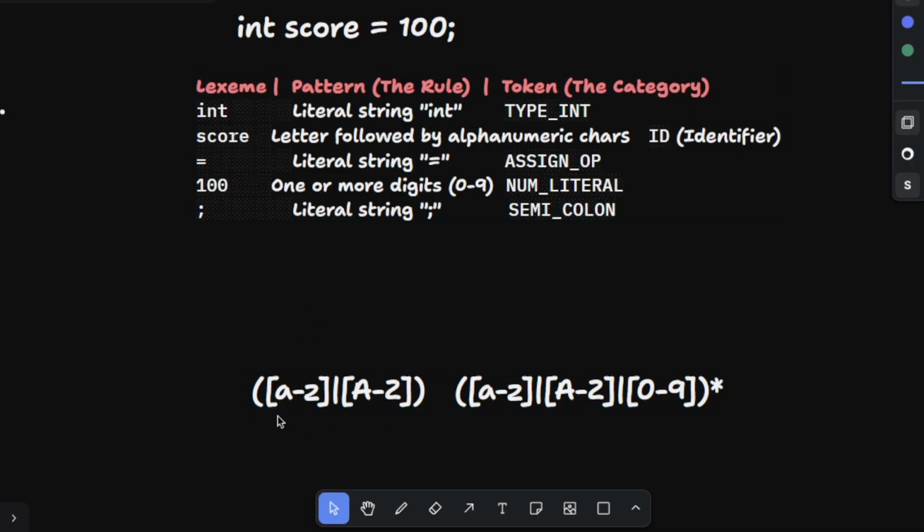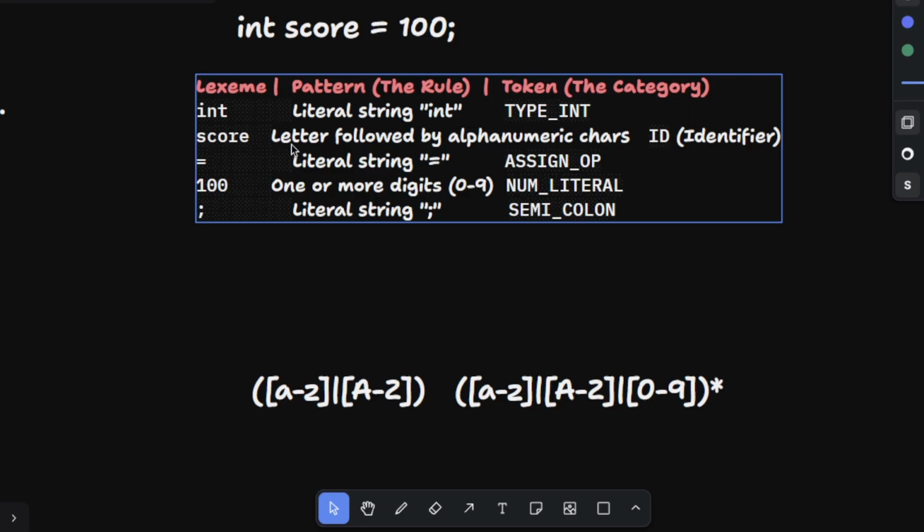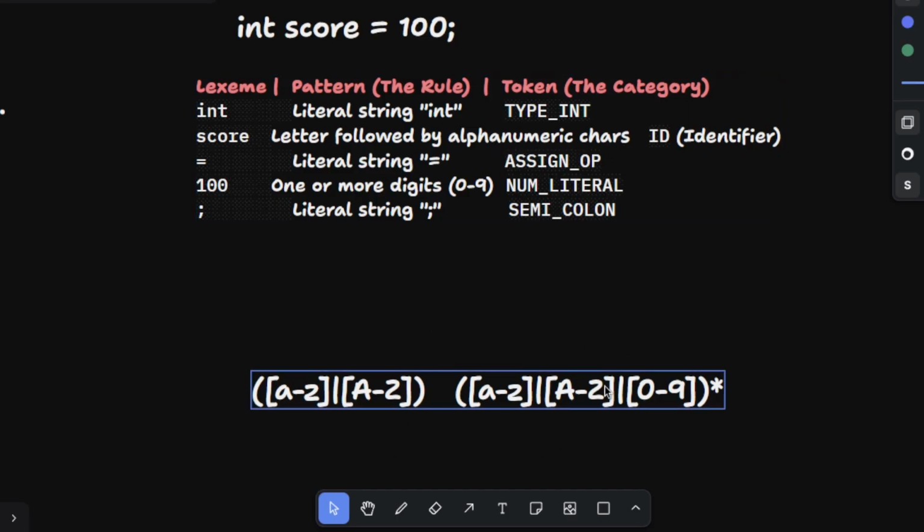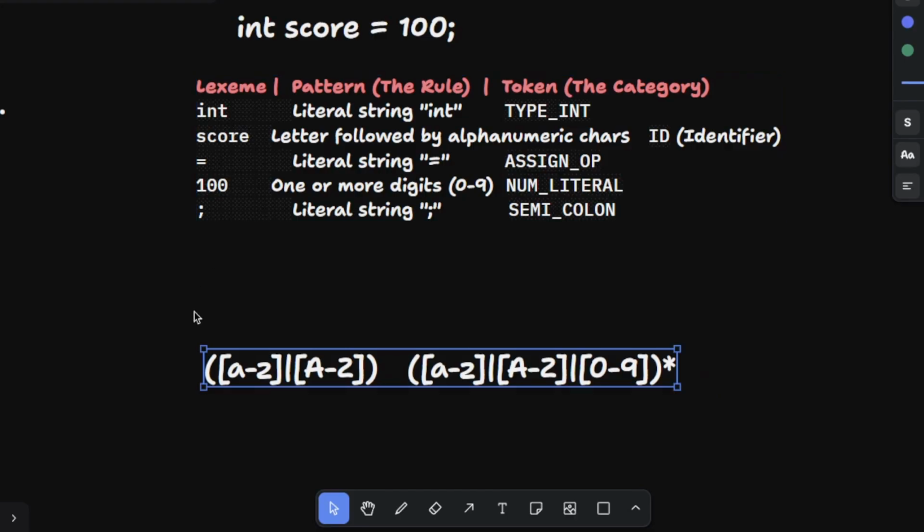So we have any letter, so a through z lowercase or A through Z uppercase, followed by any lowercase or uppercase letter or number, 0 or an infinite amount of them. So that's any letter followed by alphanumeric characters. That's what this pattern stands for, so this would be the pattern for score.